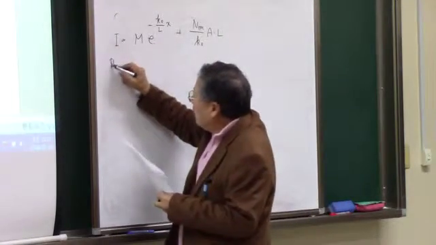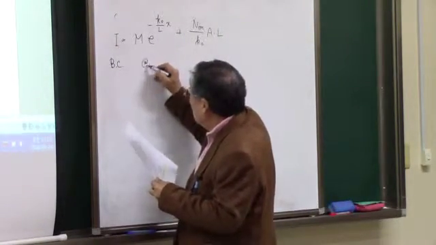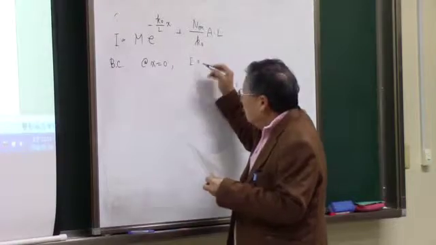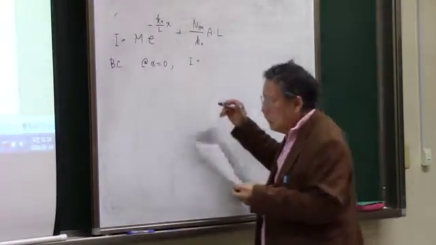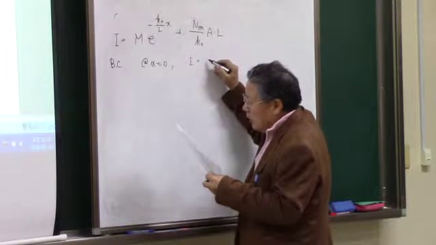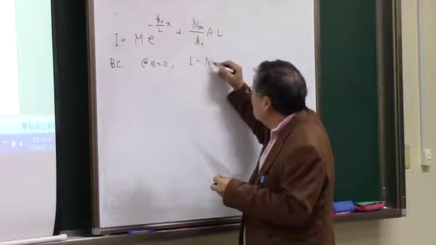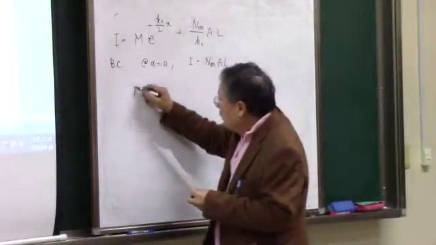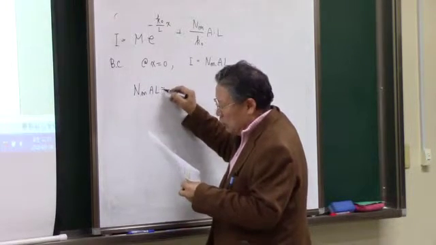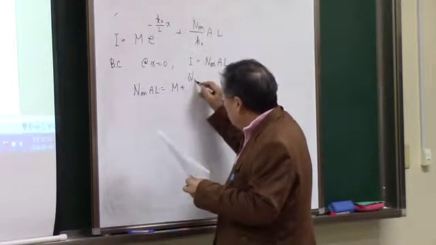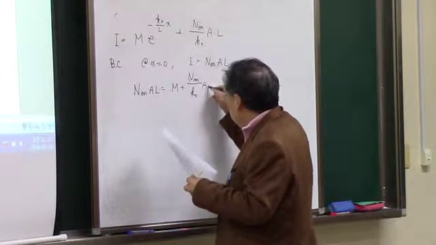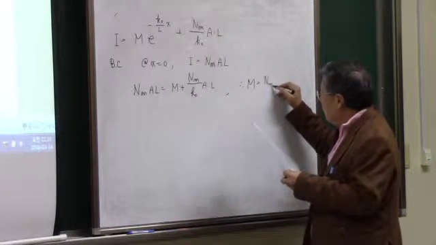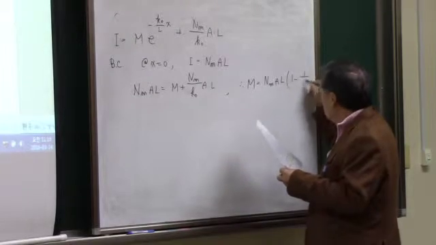We apply the boundary conditions, which is at x equal to 0, at the very beginning of the solidification, single crystal growing. The dopant amount in the molten zone is, of course, going to be like this. So we apply this boundary condition to the equation, and Nm over K naught AL. So we can set this constant like Nm AL (1 minus 1 over K naught).